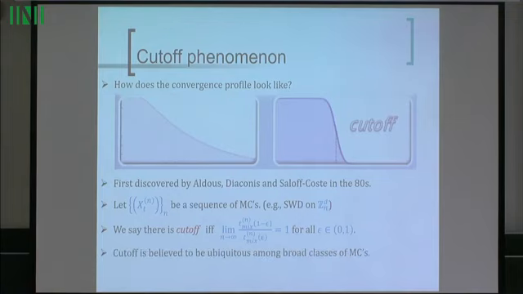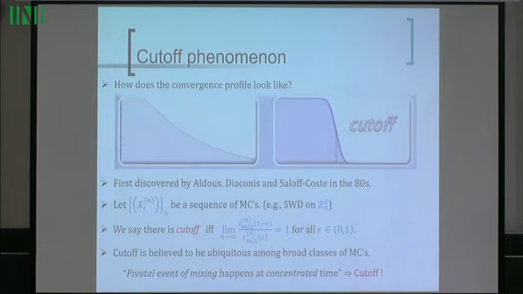The cutoff phenomenon is believed to be quite general among lots of Markov chains. But at first glance, this sharp transition doesn't sound very natural. One way to intuitively understand this is that, let's say we have a Markov chain, and suppose that we have a certain pivotal event that governs the mixing, in the sense that if you encounter that event, then you know that you're very well mixed, but before you reach that event, you are not mixed at all.